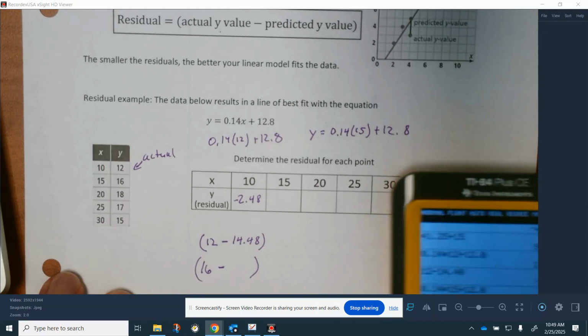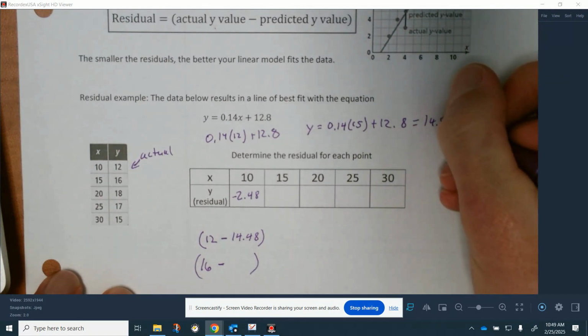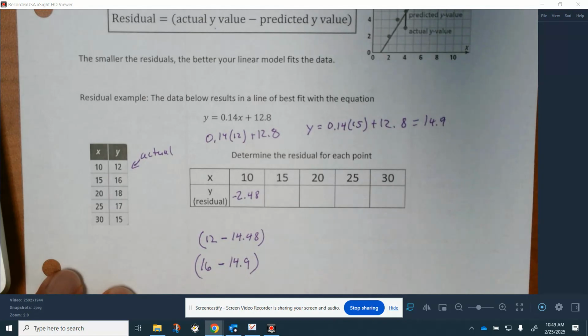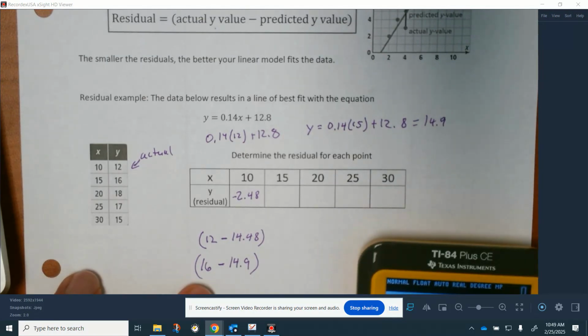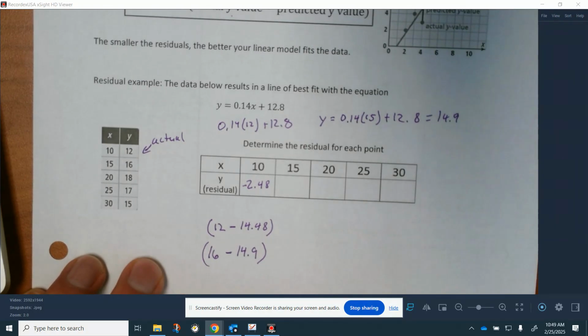That would give me 14.9. So my predicted value would be 14.9 when x is 15. So then my residual would be my actual, which was 16, minus my predicted, which is 14.9, which gives me 1.1.